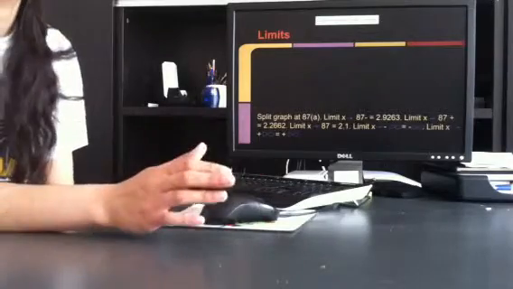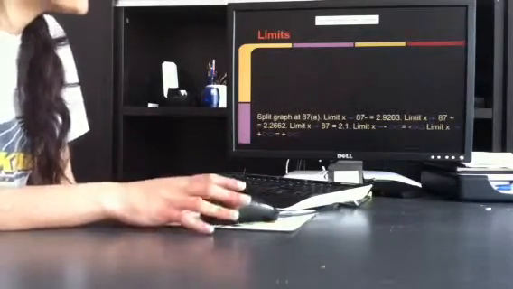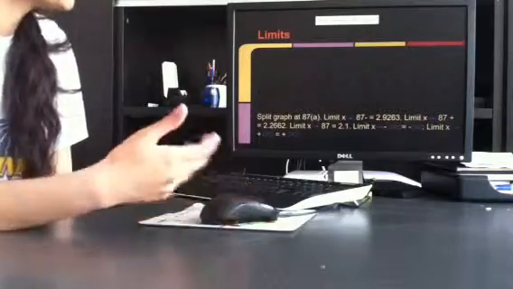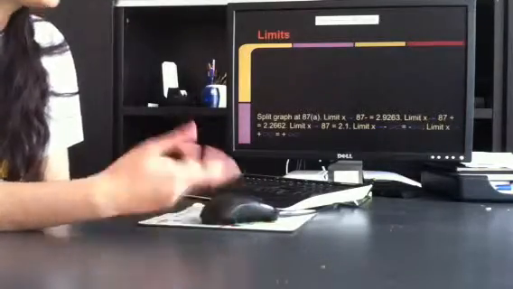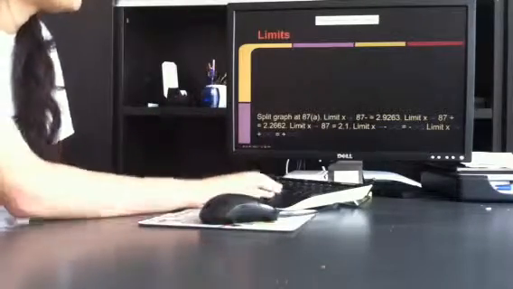And as x approaches negative infinity, the equation approaches negative infinity, and when x approaches positive infinity, the graph approaches positive infinity.